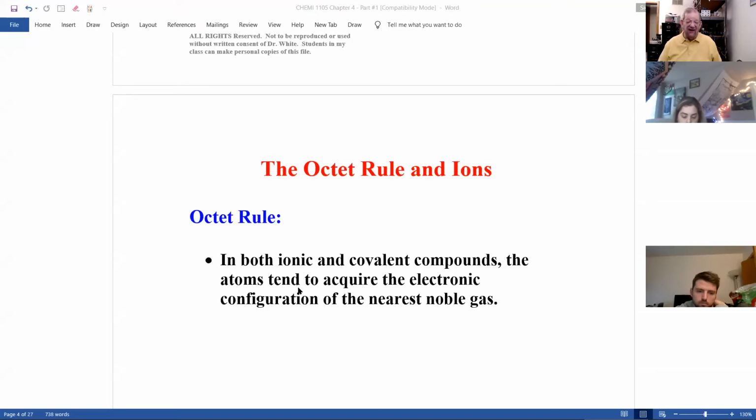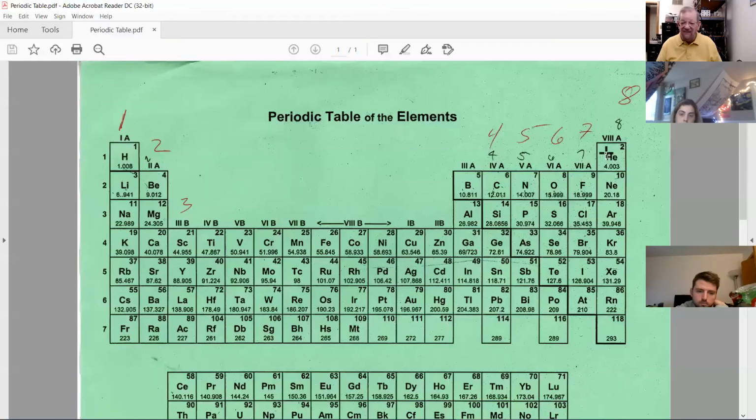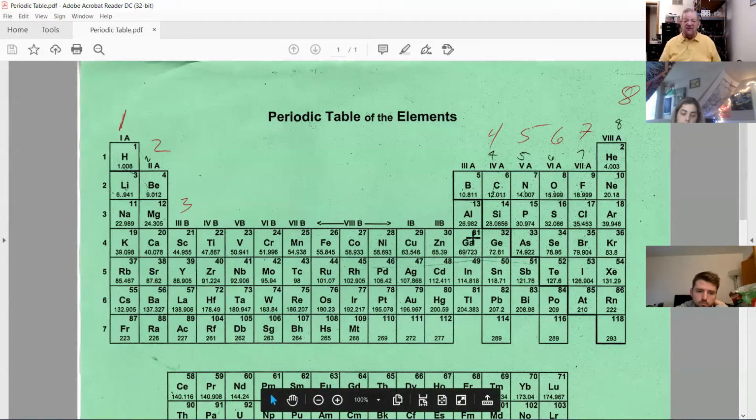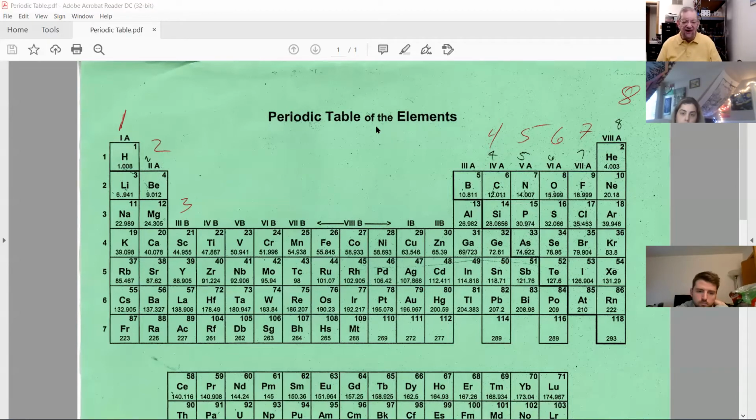How many valence electrons does the nearest noble gas have, or any noble gas? Well, let's find out. Look, the last column of the periodic table, our noble gases, has 8 valence electrons. So all the other atoms want to either lose, gain, or share electrons so it has 8 valence electrons. And that's called the Octet Rule.